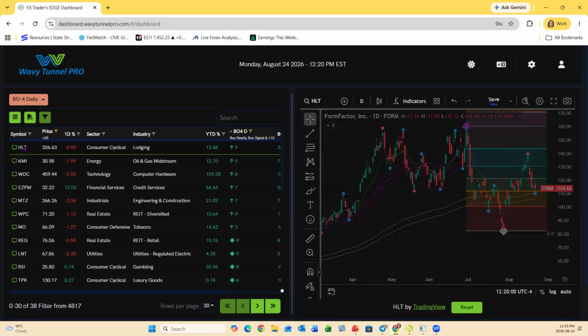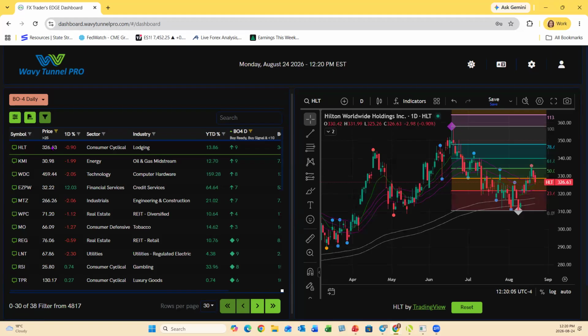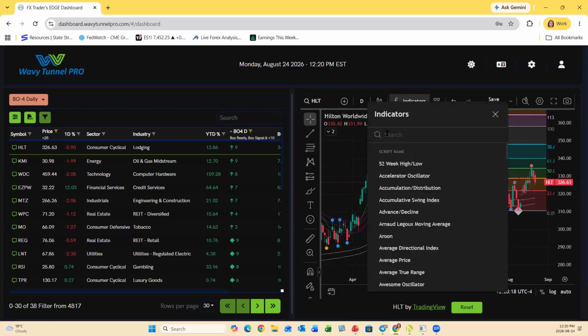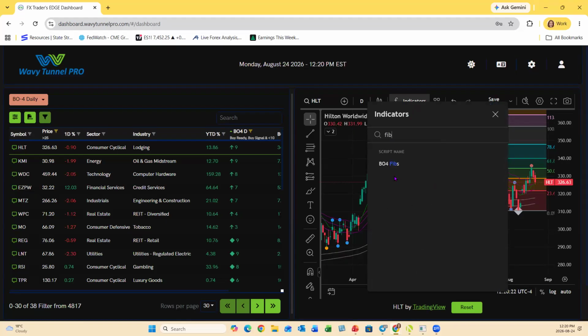Let's click on the top one. This is Hilton. And notice how I have the Fibonacci lines drawn here. You can find the Fibonacci lines. It's an indicator. So you click on indicator and just type fib, and it's called BO4 fibs.